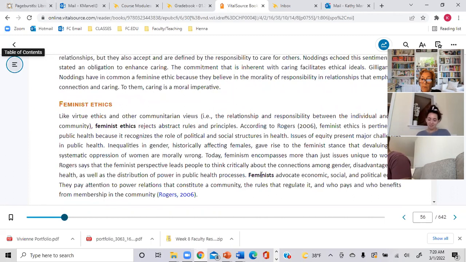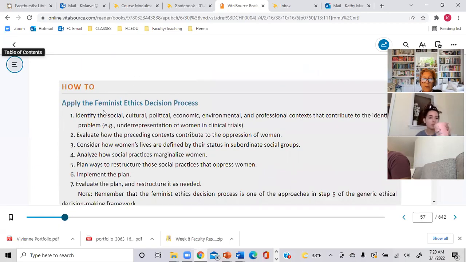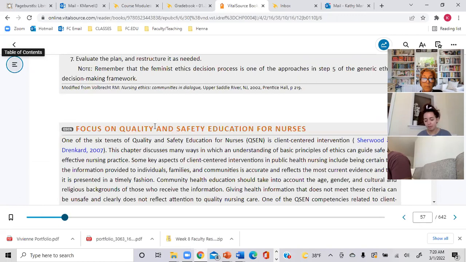So down here is a good summary. Feminists advocate economic, social, and political equity. And another box, how to apply care ethics, how to apply feminist ethics. So I would suggest that you read through those.